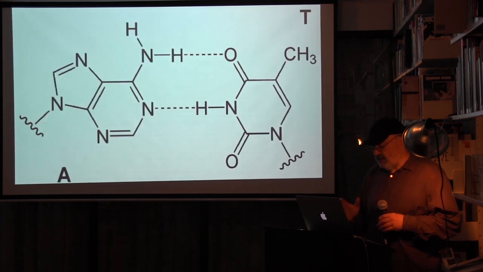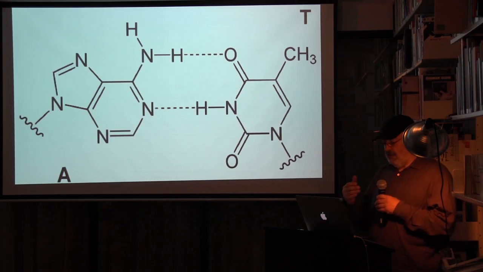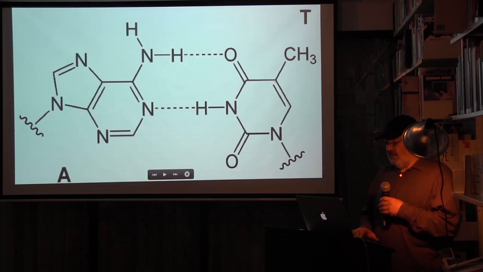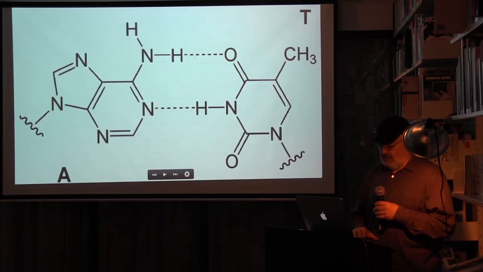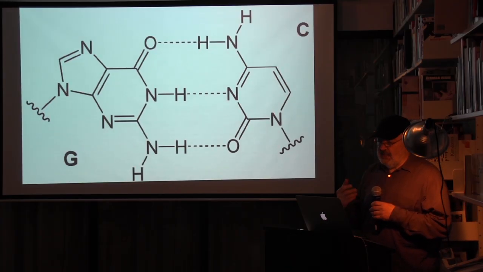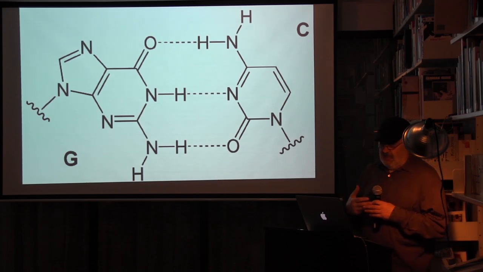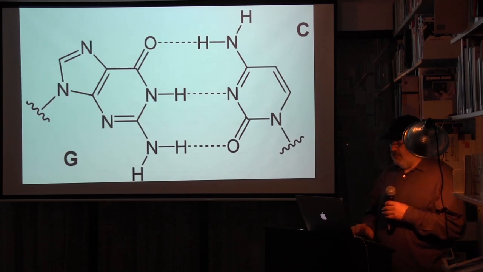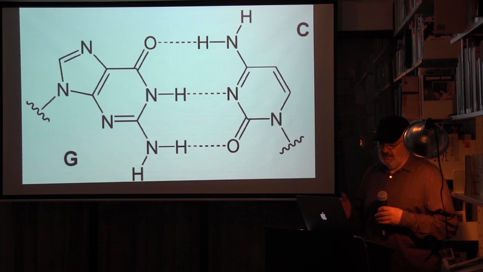Thanks to their properties, adenine and thymine form the base pair with two hydrogen bonds, which we can see here, while guanine and cytosine establish their pair bonding through three hydrogen bonds. So that's what makes the difference between these two base pairs.